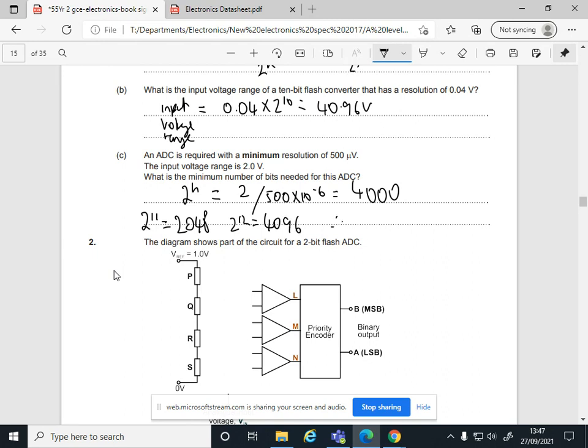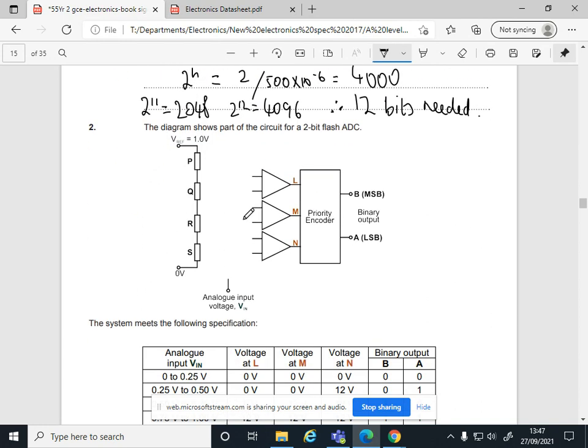There you go. Therefore, 12 bits needed. So basically just keep going by trial and error until you go beyond the 4,000.